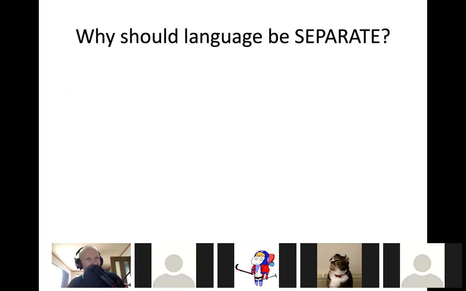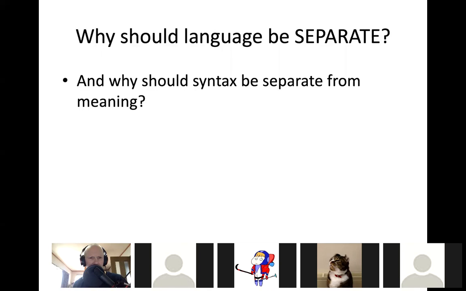And why should language be separate? Why should these grammar rules be separate from ordinary thinking? That's a bit strange. Why is language regarded as separate here? And why should syntax be separate from meaning?